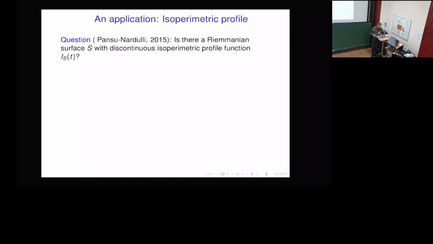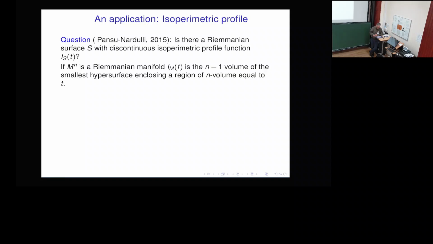Okay, maybe I'll give a more recent application of this sort of construction to the isoperimetric profile. So Pansu and Nardulli noticed that there is a 3-manifold with discontinuous isoperimetric profile function, and they asked if we can build a surface like that. Now the isoperimetric profile is something similar to the Ziegler constant.